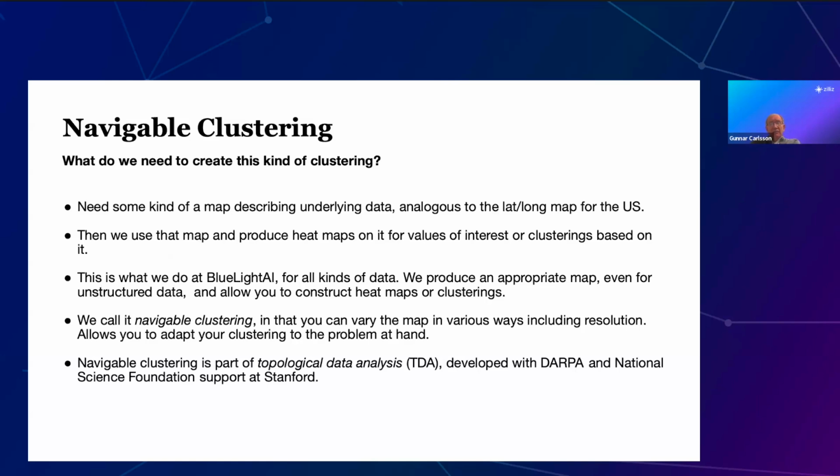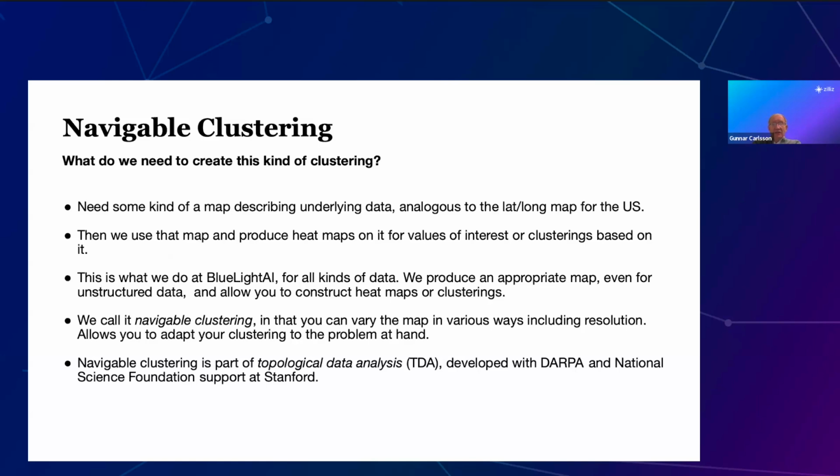We need some kind of a map, not an actual geographic map, but some other map in the form of a graph, analogous to that lat-long map for the US. We use that map to produce heat maps and cluster based on it instead of the map of the US. This is what we do at Blue Light AI for all kinds of data. We produce an appropriate map, even for unstructured data, and allow you to construct these heat maps and clusterings.